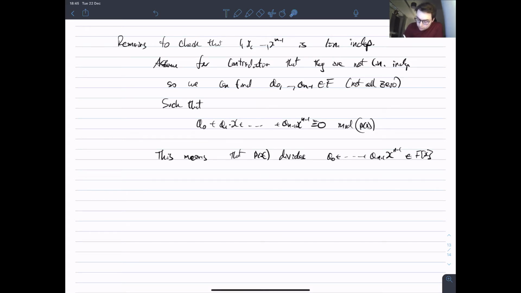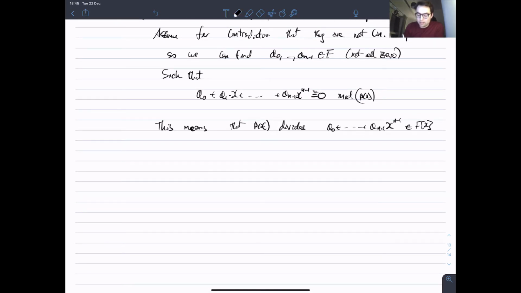Right, I have this polynomial, it's congruent to 0 mod p of x, so the same congruence as you were used to for numbers. When I write mod, the same properties somehow hold. So something being 0 mod some principal ideal means that the element in this principal ideal that generates it divides your thing. Just like if I said, you know, n is congruent to 0 mod p, it means that p divides n.